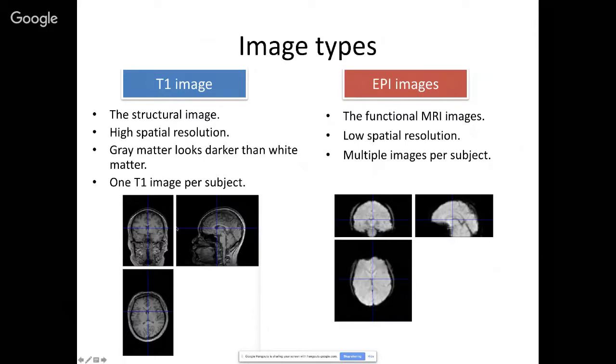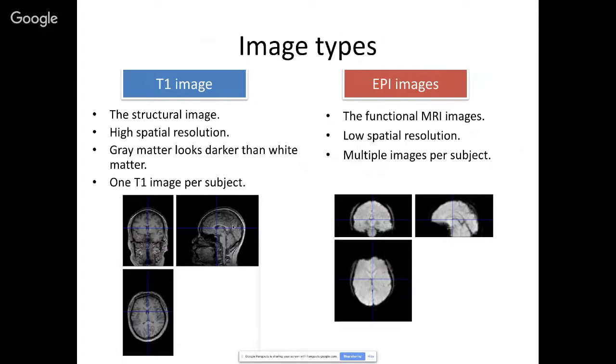So compared to the structural image, the spatial resolution is low for the EPI image. In another word, it looks blurry, right? Why? Because for the T1 image, we want to know the detailed information, so we use 5 minutes to acquire one image.